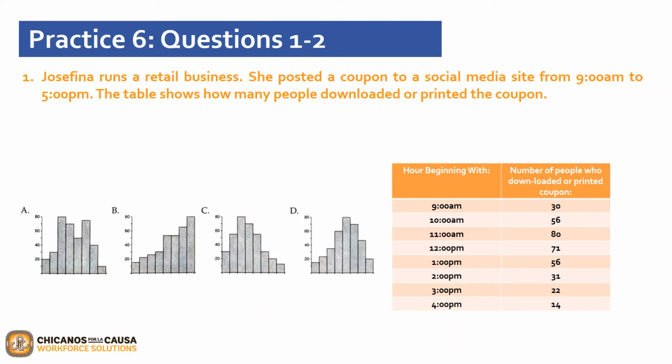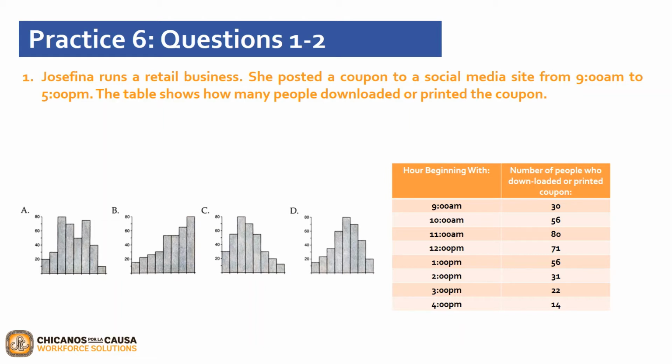So let's look at the next row. At 10 o'clock, 56 people downloaded or printed the coupon. So we're going to look at the second bar of the histogram in answer C. If we look at the second bar, we can see that the bar goes past 55 just a little bit. So it's about 56.